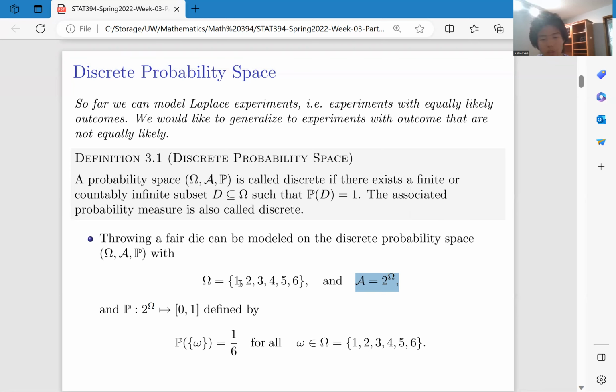And here we can use the probability measure and find out what that is. We find that for each outcome, or simple event, the probability is 1 over 6. That is reasonable because it's a fair die. So all of those events sum to 1, and each of them is 1 over 6. That is the probability measure, or probability distribution. All of the probabilities sum up to 1, as the probability of D is equal to 1. D here is just 1, 2, 3, 4, 5, 6.